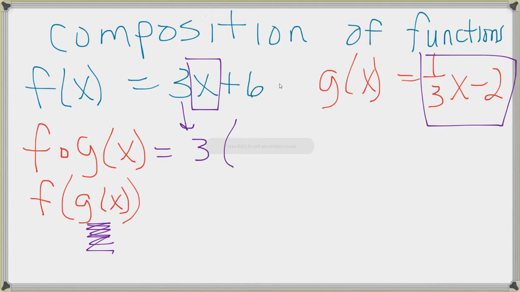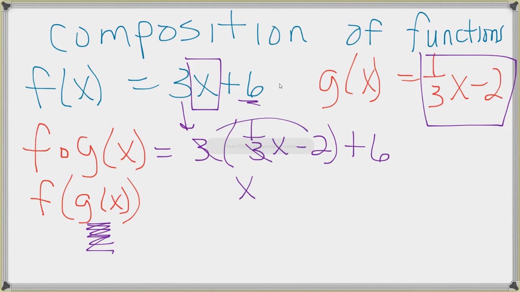Take the whole function g of x, 1/3 x minus 2, use it to replace the x there. So we have 3 times, replace the x with 1/3 x minus 2, and then don't forget the plus 6. Sometimes people forget to bring down the rest of that function.